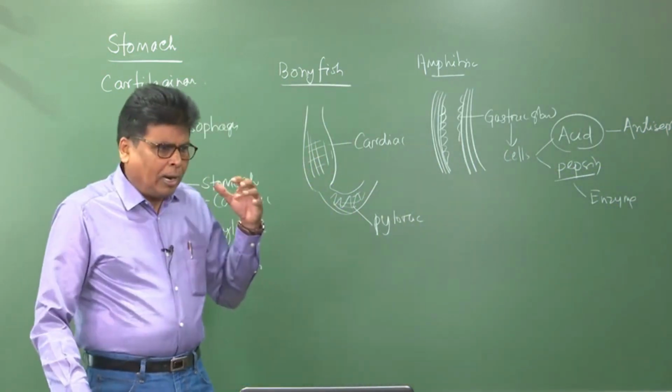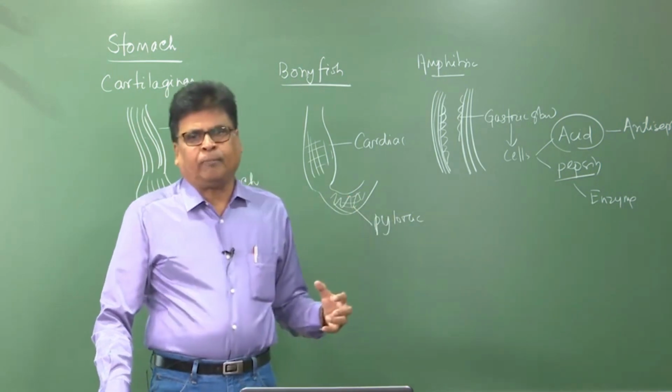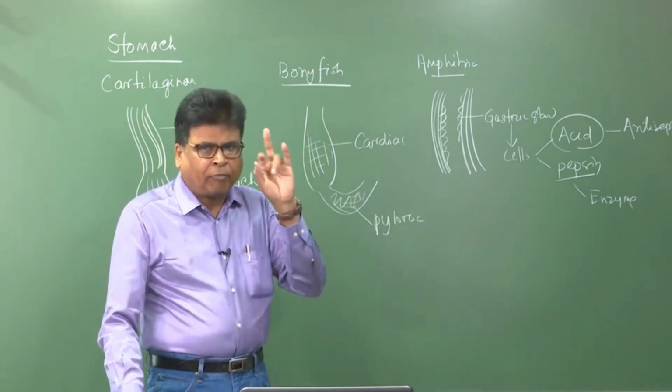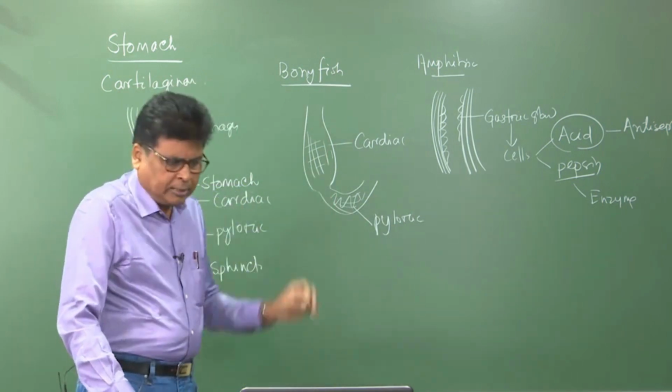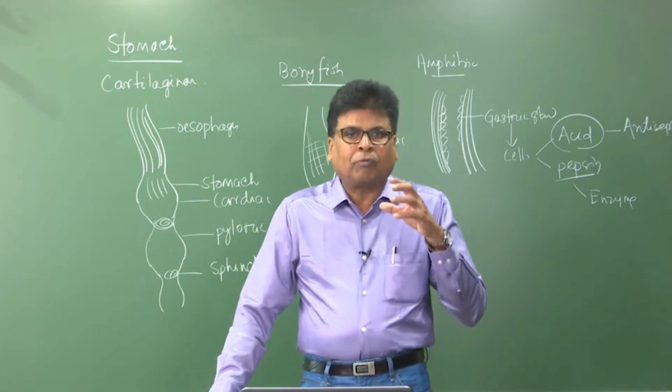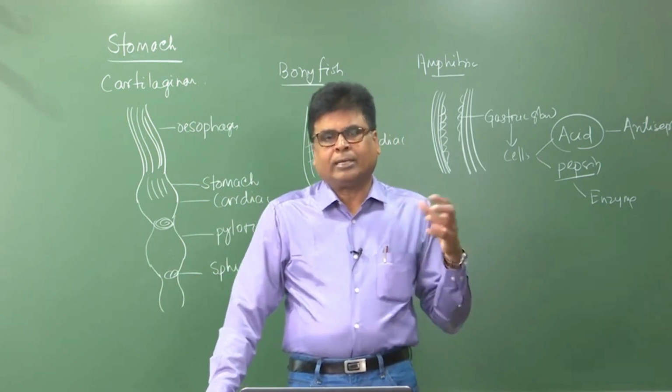That means what I have told you till now, in case of fishes the same cell is secreting two types of fluids, in case of amphibians the same cell is secreting two types of fluids, one is acid and one is enzyme.